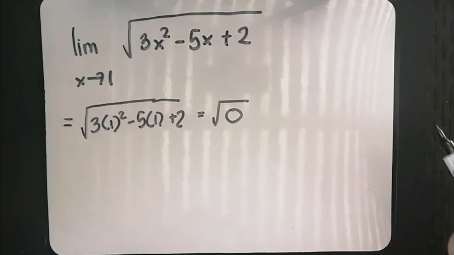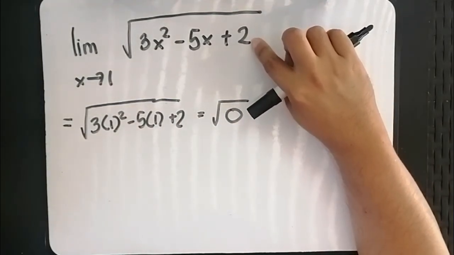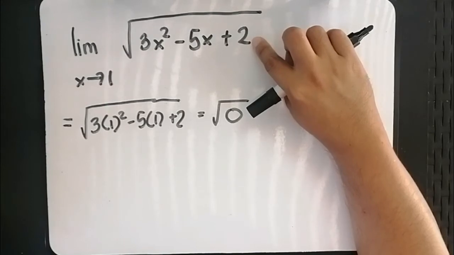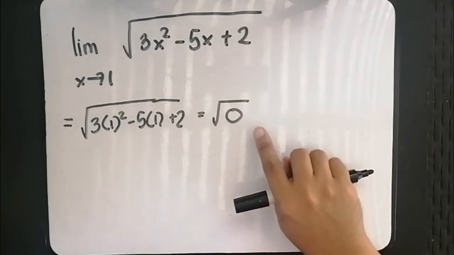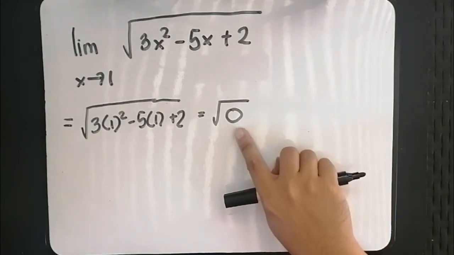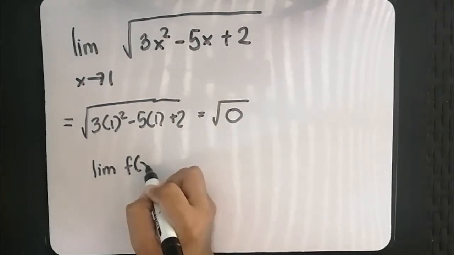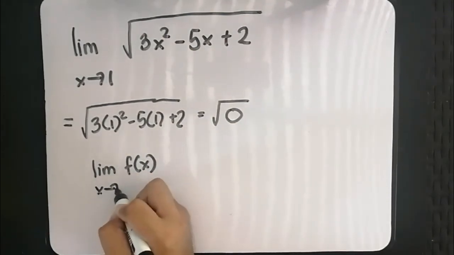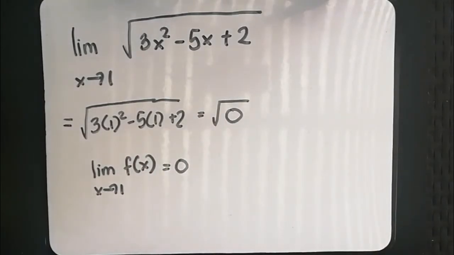So in this case, the limit of our f of x is equal to 0. So we should consider the one-sided limits as x approaches 1 from the right and as x approaches 1 from the left.